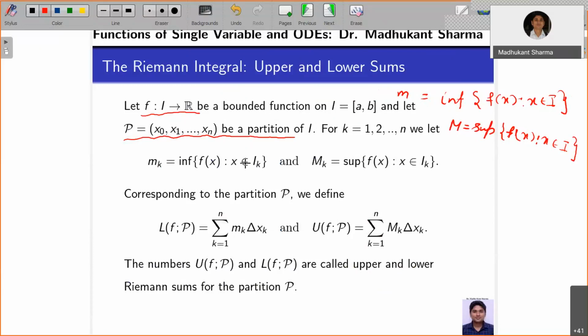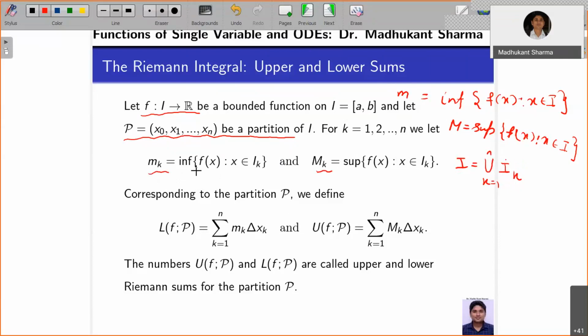Okay. Now, since P is a partition, you have divided I into n non-overlapping subintervals Ik, k equals 1 to n. Since the infimum exists over the interval I, and these Ik's are sub-parts of I, the infimum also exists over the interval Ik, and the supremum also exists over Ik. This gives meaning to these numbers: whenever you are identifying something, mathematically it should have some existence.